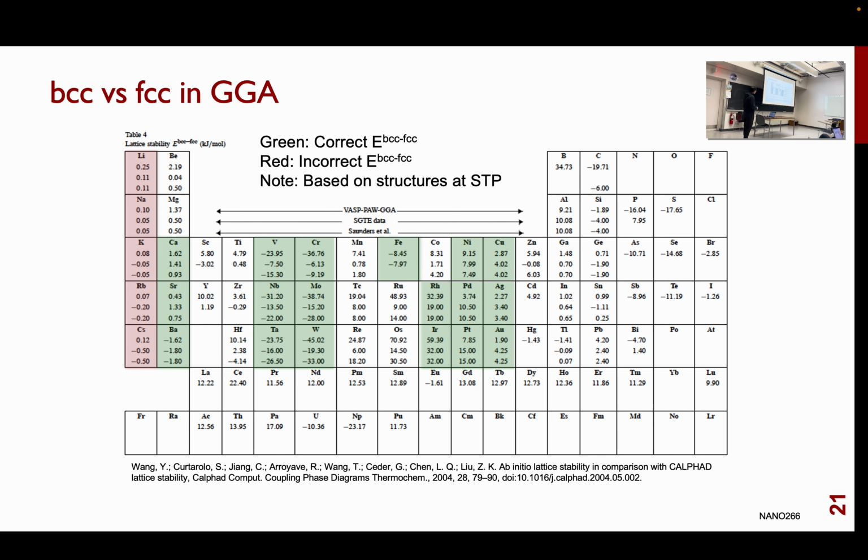So those in green are basically those which actually have a correct energy difference between your BCC and FCC phase, and the red ones are essentially those that have an incorrect BCC, FCC energy difference, okay? And these are based on structures at standard temperature and pressure, right? And you'll see that actually in most cases, DFT, GGA actually gets it correct. In those cases that they are wrong, sometimes the energy differences are very, very small, okay? So it's not that the DFT is definitely incorrect. It may also be because at 0K, you actually have a different structure that is stable, okay?